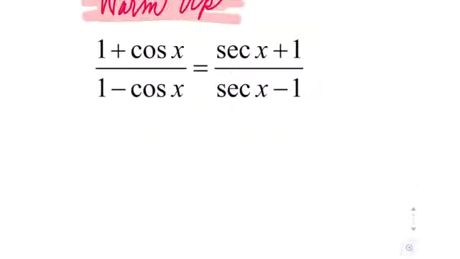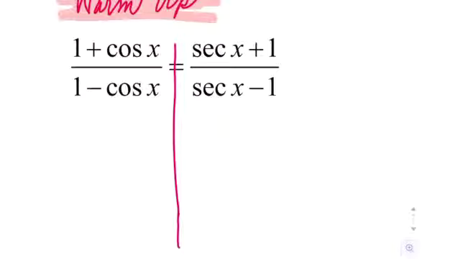So if we draw a line down the middle, they look equally complicated in terms of their setup, but secants may be a little grosser because we're not used to them. We like sine and cosine. So that strategy of putting everything in terms of sine and cosine could work, especially when I know I can write secant in terms of cosine. So let's do that. Now, when we do this, we have to think of the right side as being like a matrix with 4 positions.